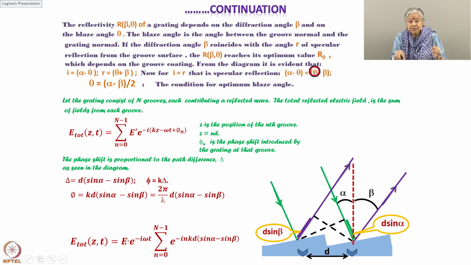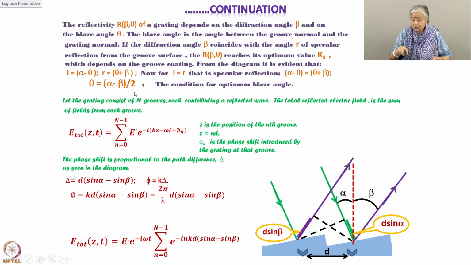Then alpha minus theta is equal to theta plus beta. So theta, the Blaze angle, is given by (alpha minus beta) by 2. So you can calculate the Blaze angle for a particular wavelength, and you can specify it to the makers of your grating. This is the condition for optimum Blaze angle.